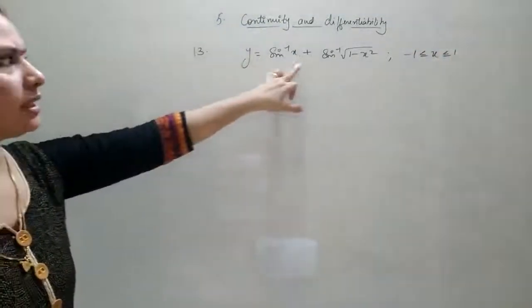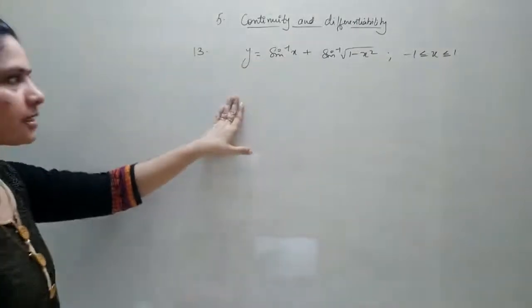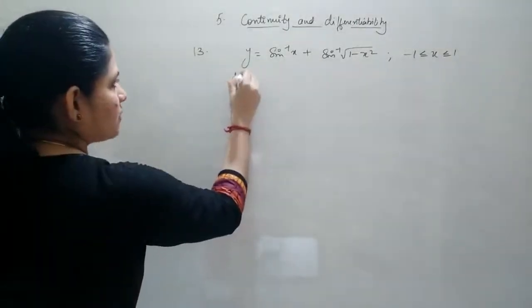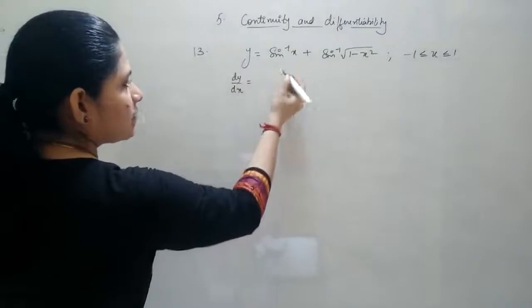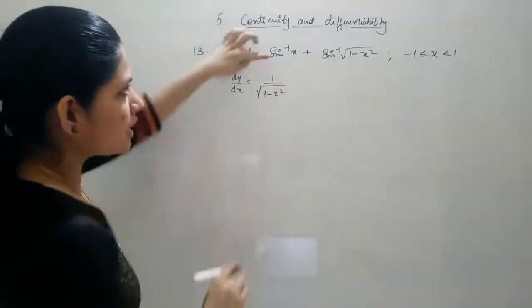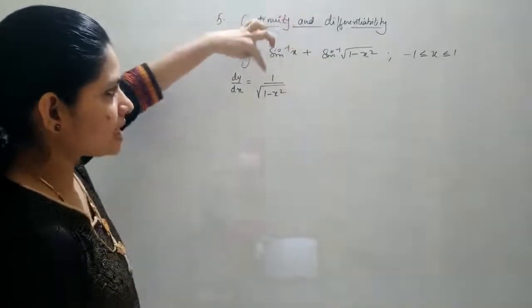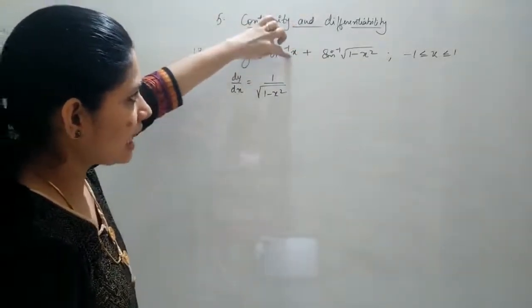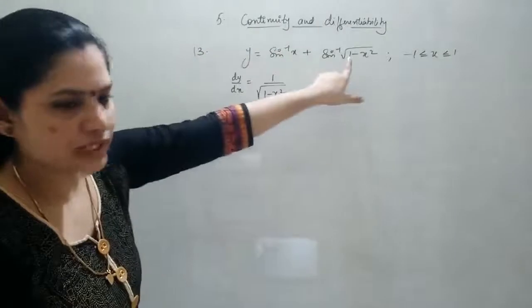Okay, so here in this one we can directly differentiate with respect to x. So dy by dx will be, sin inverse x derivative is 1 by root of 1 minus x square. So just see, if the angle is x, it is coming as 1 by root of 1 minus that angle the whole square, because here also we need to do the same thing.